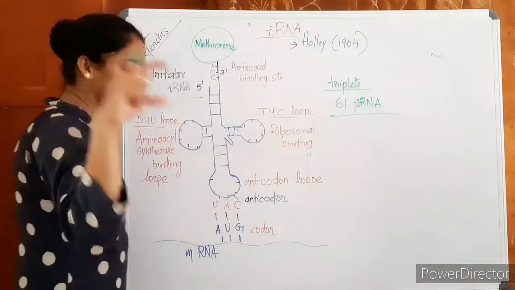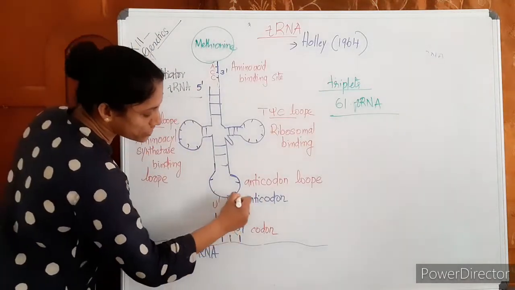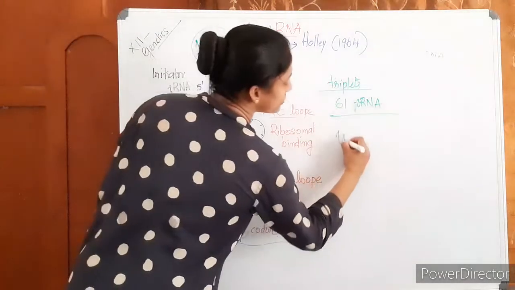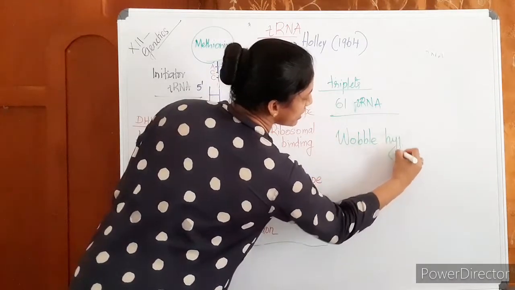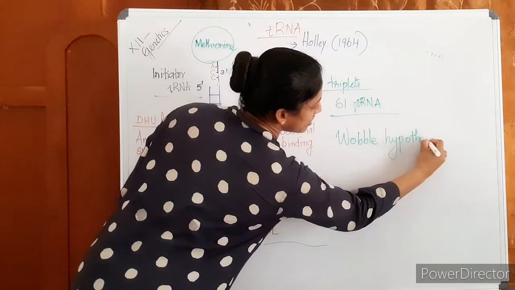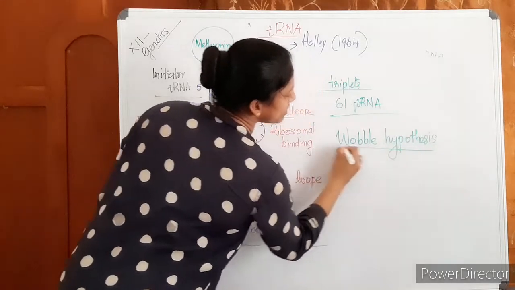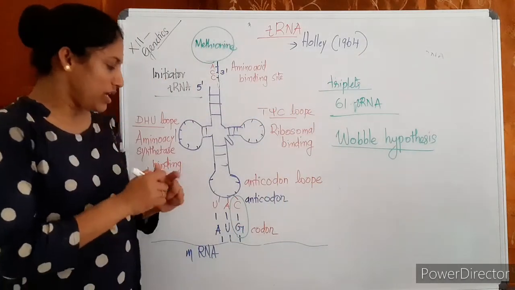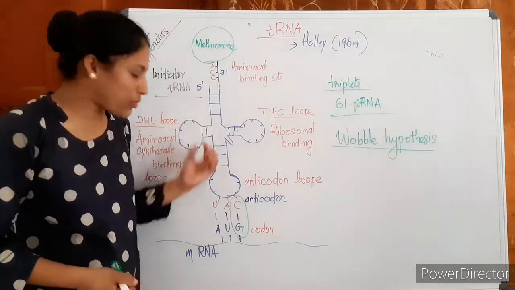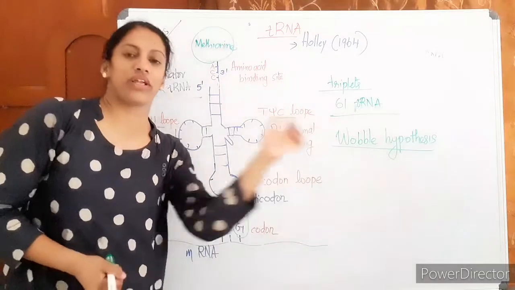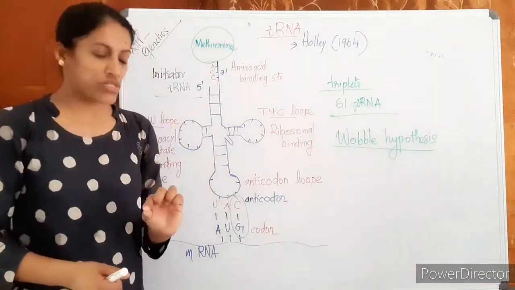In order to understand this, there is a hypothesis, the Wobble hypothesis. Okay? The Wobble hypothesis says, very simple. If this is highly specific, 61 types would be required to read 61 different types of triplet. But this is not so.